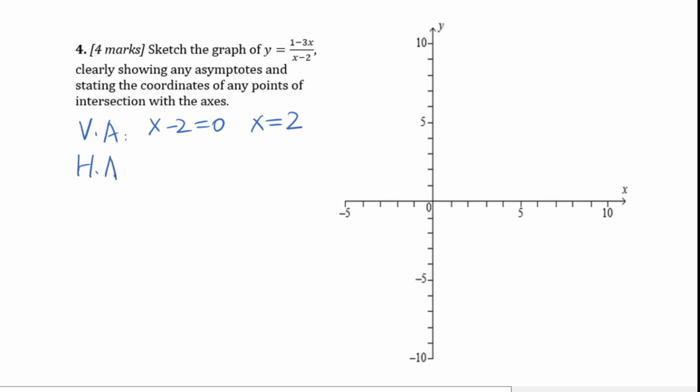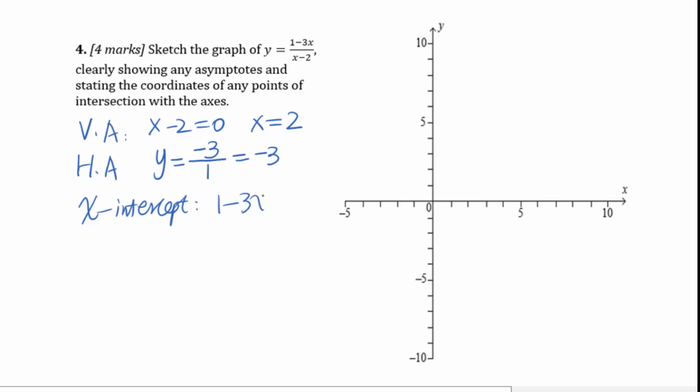For the horizontal asymptote line, since this rational function is a linear over linear pattern, the horizontal asymptote line will be the quotient of the coefficients of x. So we have negative 3 over 1 equals negative 3.